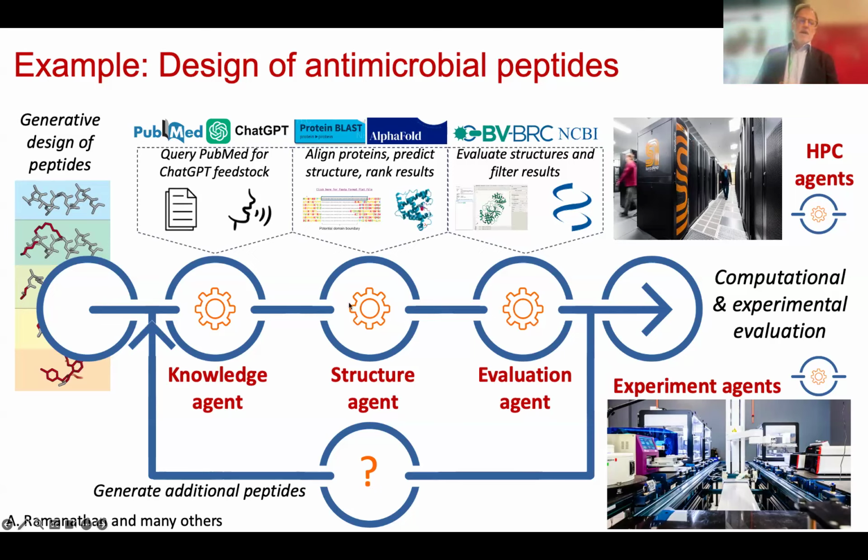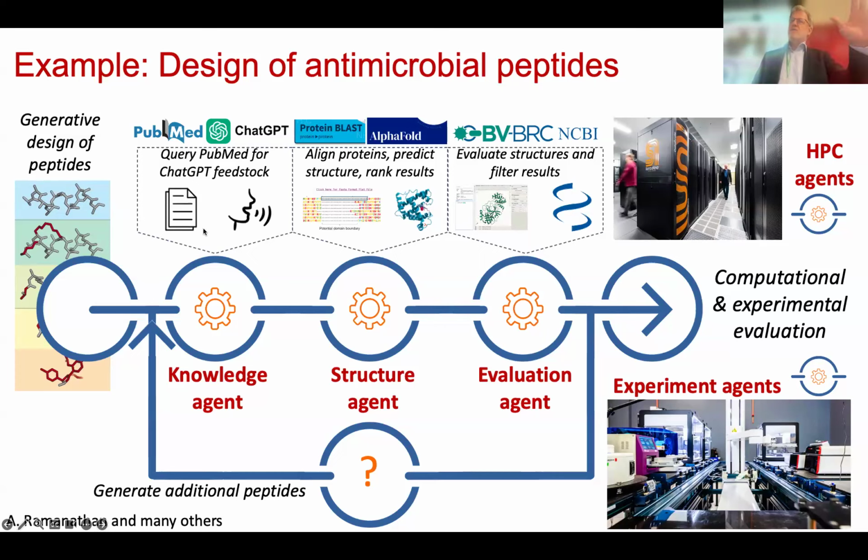My colleague at Argonne, Arvind Ramanathan, and quite a few of his colleagues are building up sets of agents that can do different things in order to design such things. First of all, they might use a generative model to propose peptides based on what we know about peptides that have already been discovered and found useful.